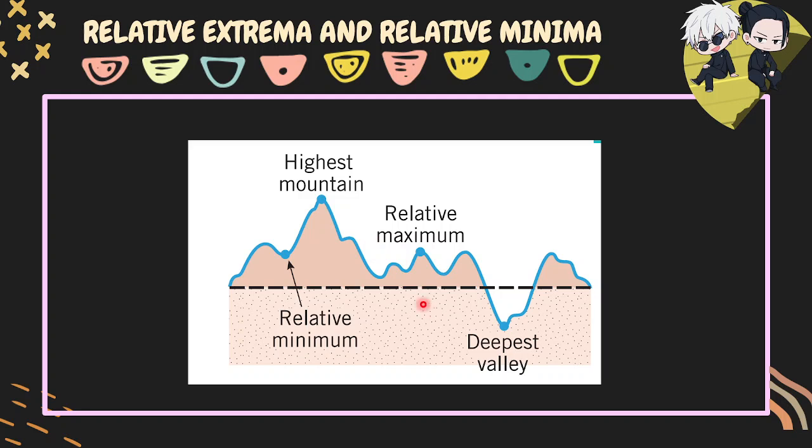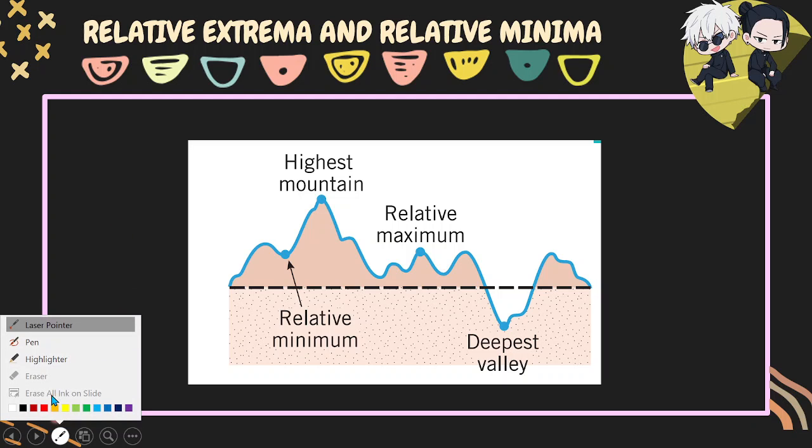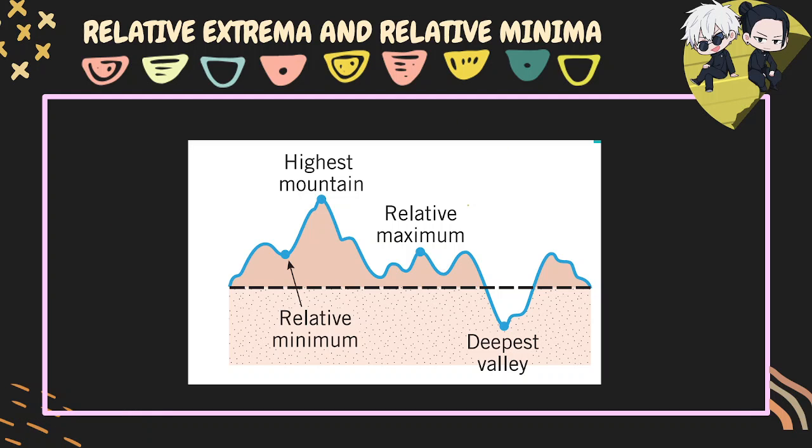So only among those surrounding your barangay, not the whole function. The relative maximum is also called the local maximum, and the relative minimum is also called the local minimum. Okay?